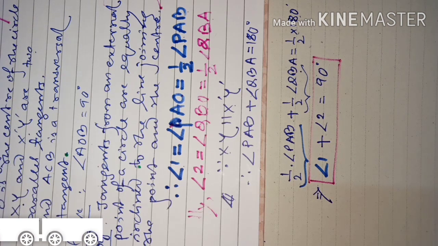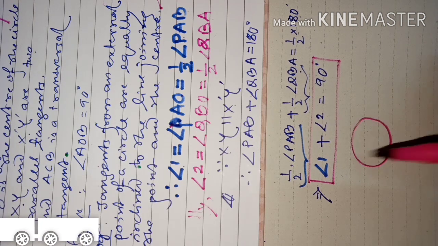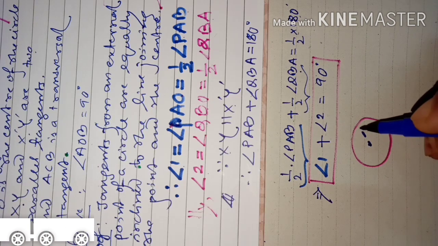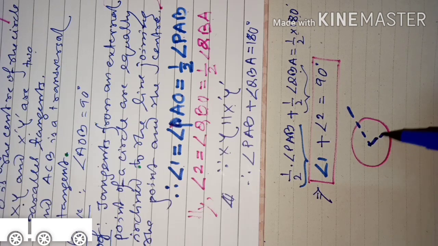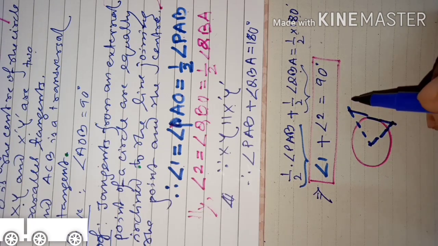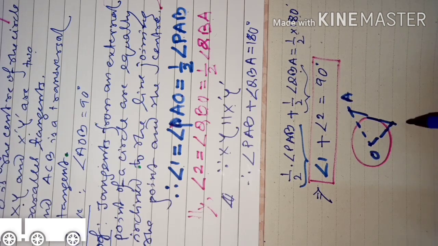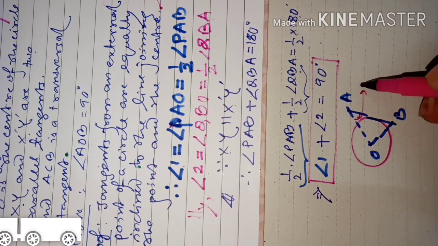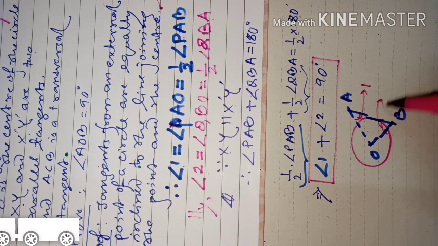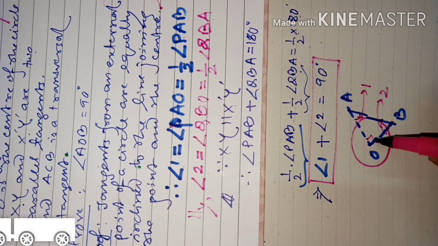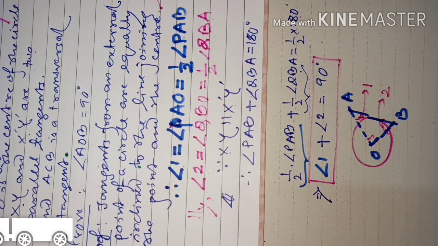If you look at the diagram, it will be very clear. This is the circle, and here is a tangent, a line going this way, and here is a line coming this way. This point is A, this point is O, this point is B. We have numbered this angle as angle 1, this angle as angle 2, and this is angle AOB. So angle 1 plus 2 plus AOB is 180 degrees. So you write that statement now.